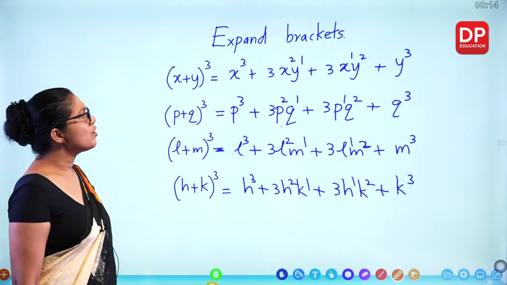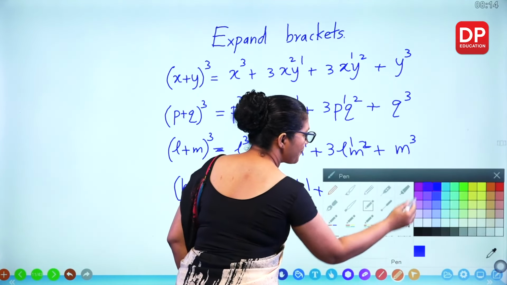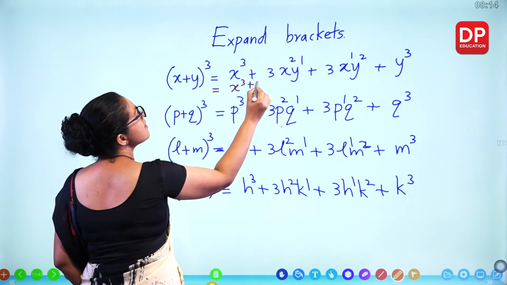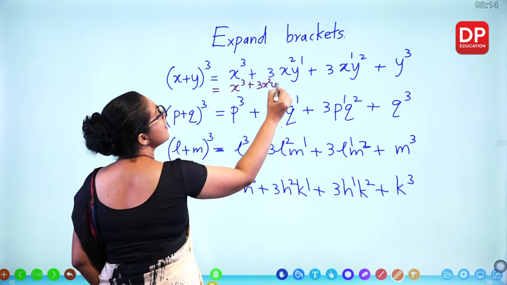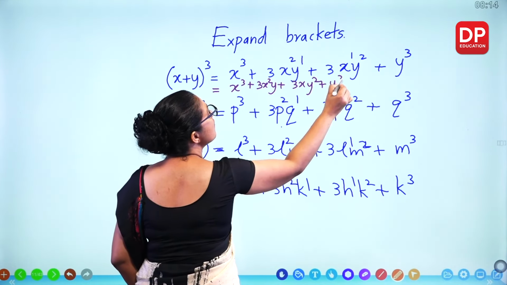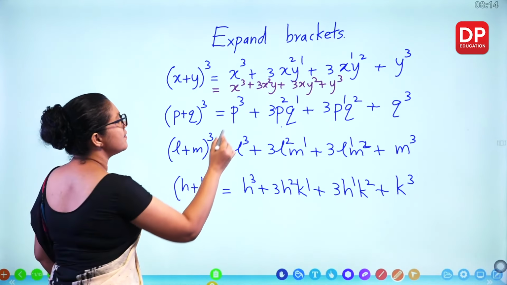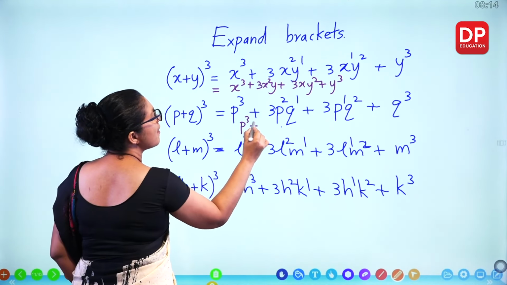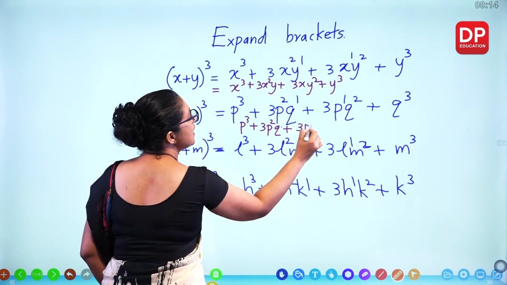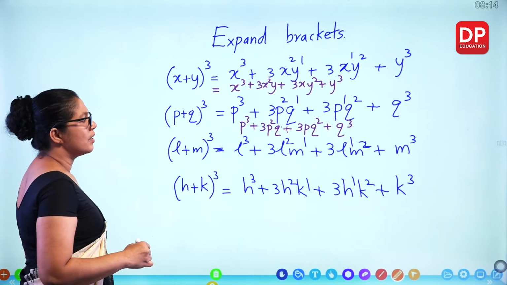So without writing these power 1's, I can write this one as x cube plus 3x squared y plus 3xy squared plus y cube. No need to write down the power 1. This one I can write p to the power 3, 3p squared q, 3pq squared plus q cube.